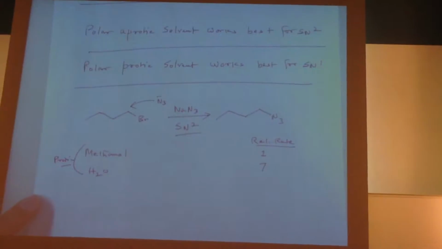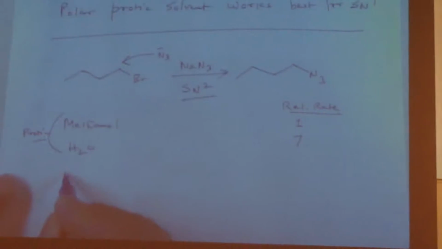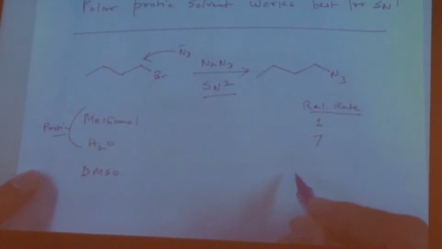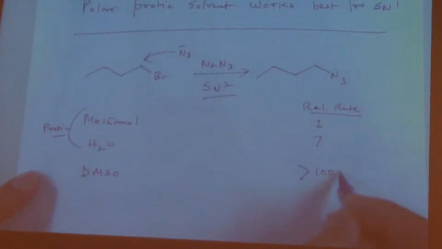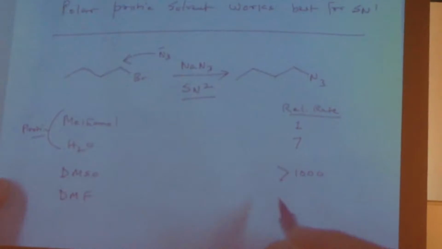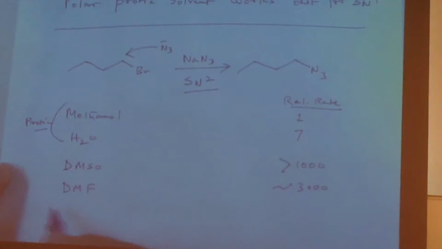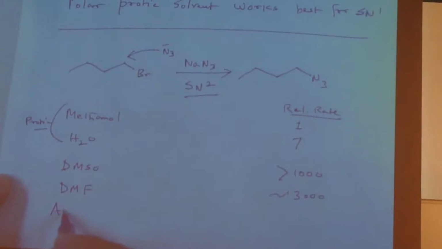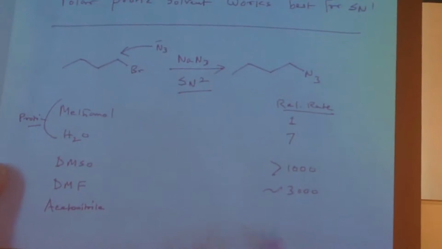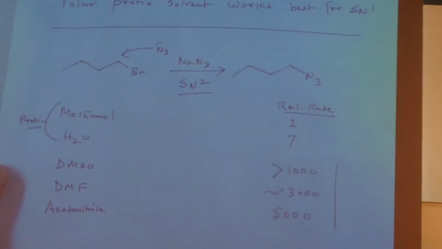So the rates are relatively slower, but when we switch to polar aprotic solvents, DMSO is greater than 1000 relative rate. DMF is almost 3000, and acetonitrile is about 5000. So there's a huge difference.